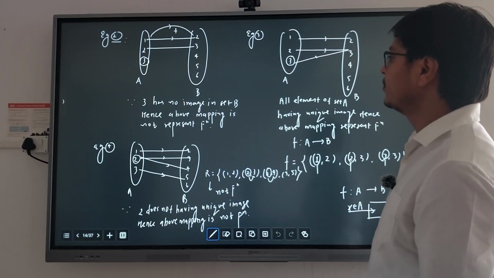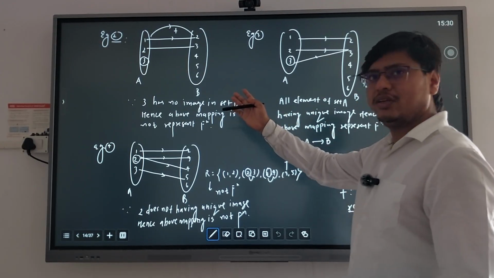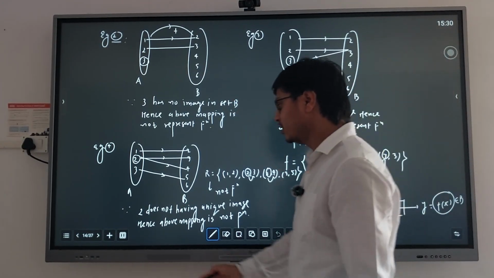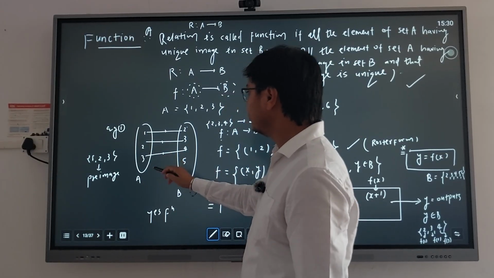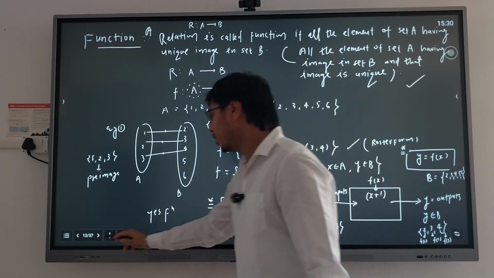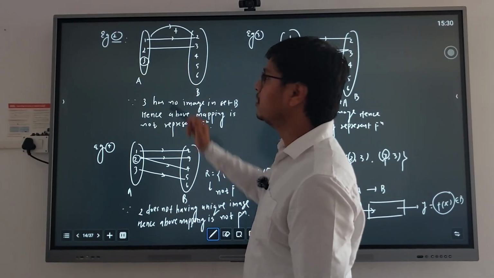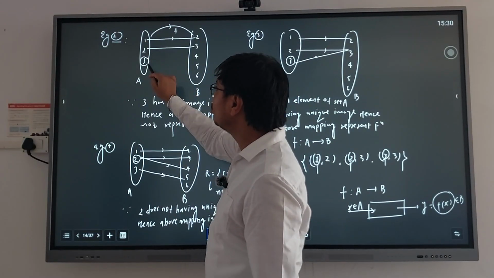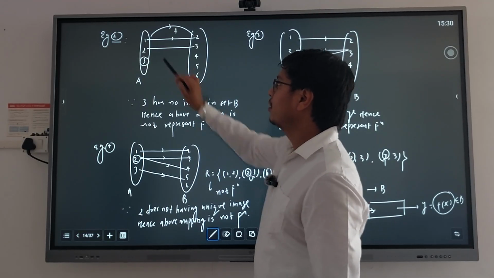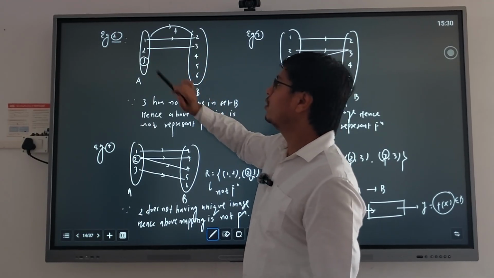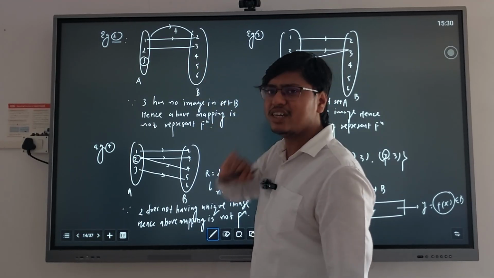Next, here I give some examples of functions. This is the first example of a function in which all the elements of set A have a unique image in set B. In the next example, the elements of set A are 1, 2, 3 and set B has the elements 2, 3, 4, 5, 6. Is this a function?